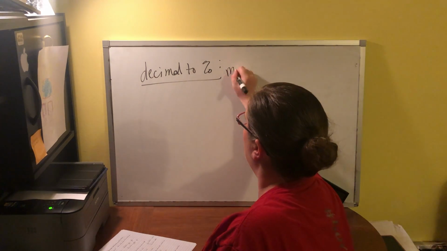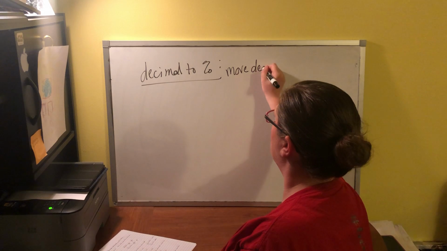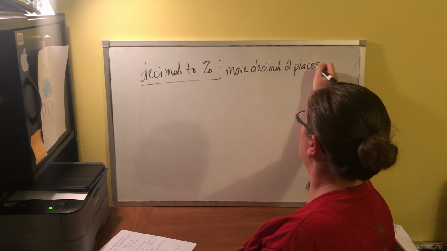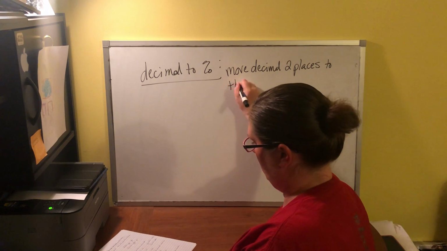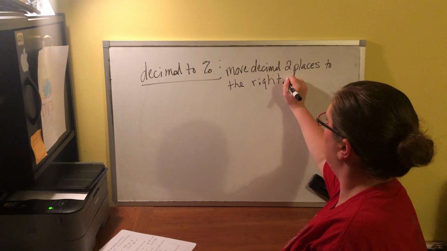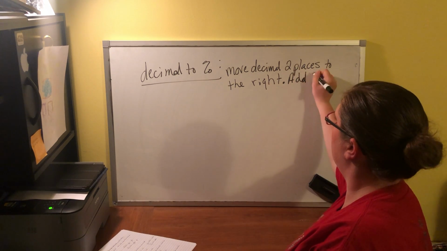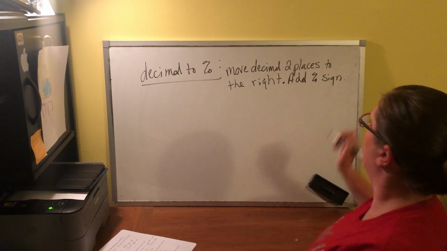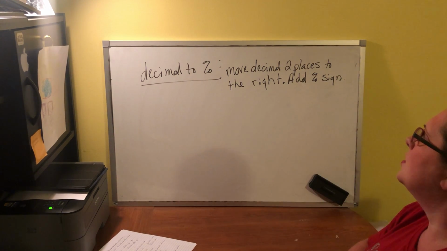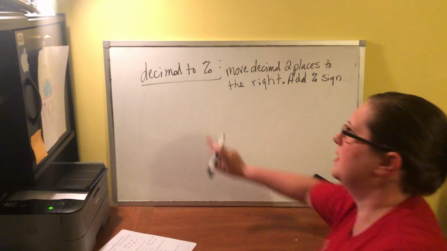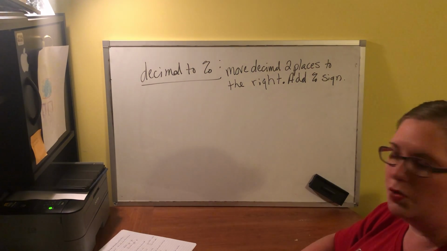And to do this, you are going to move the decimal 2 places to the right. And then you're going to add the percent sign, okay? So we're going to move the decimal 2 places to the right, and then we're going to add in a percent sign because we're changing this from a decimal to a percentage, okay?